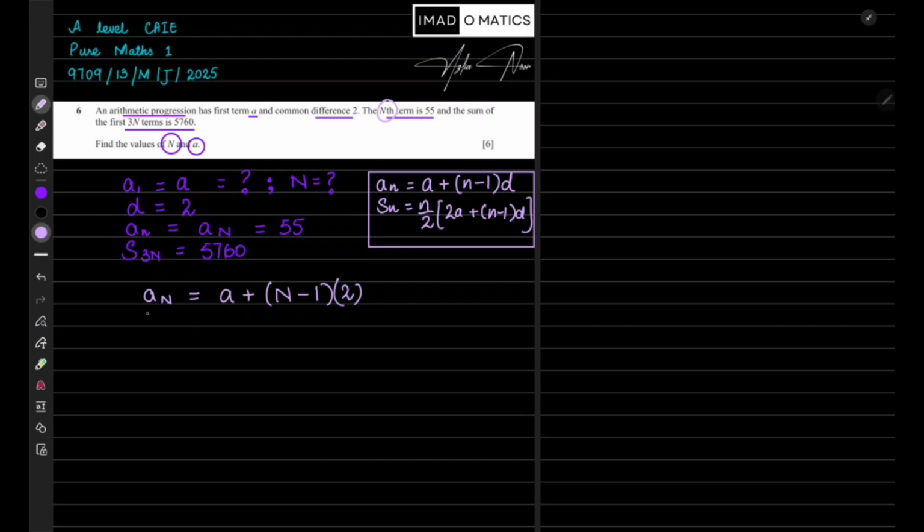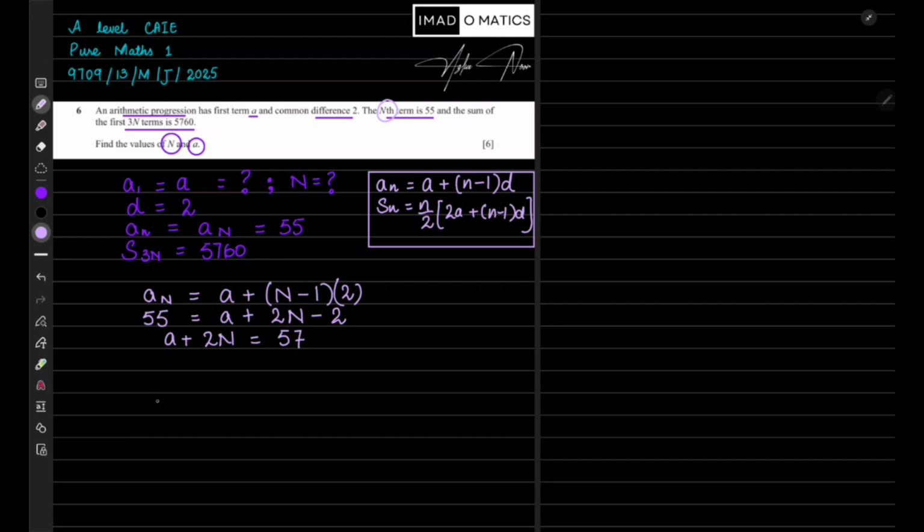Nth term, it is 55. So 55 is equal to a plus 2n minus 2, or a plus 2n equals 55 plus 2, 57. Okay, this is what we get from the first equation.